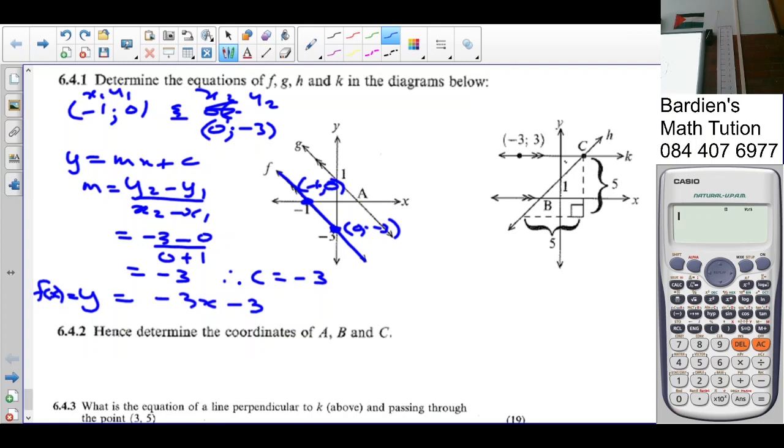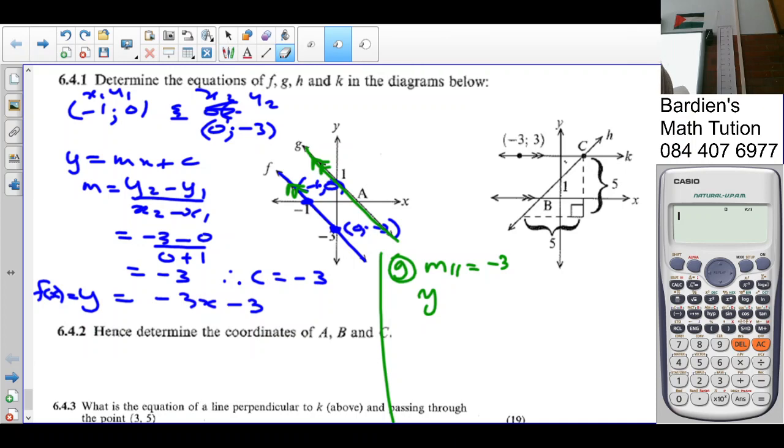And this is the equation of f of x. Okay, any confusion there? Looking at g of x, it is this line here. What do you notice about this line? It's parallel to the f of x graph. If it's parallel to f of x, what do we know? Gradients are equal. So the gradient of the parallel line is going to be negative 3. So y is equal to negative 3x plus c. But what is your y-intercept here? 1.